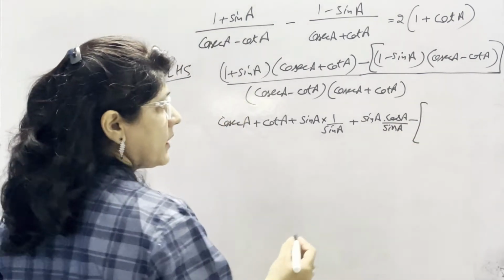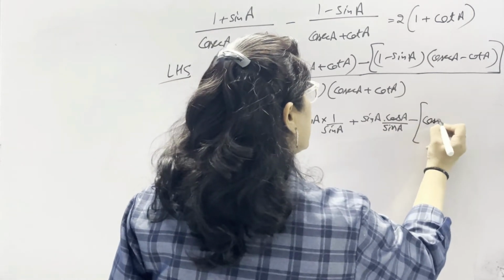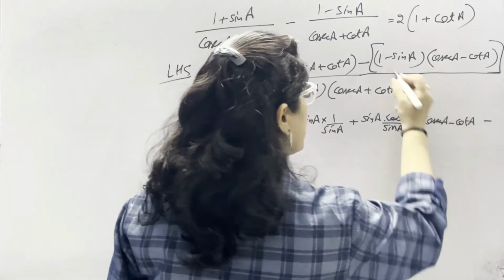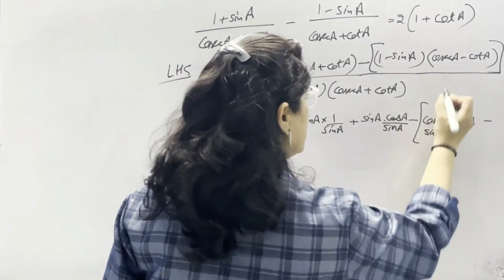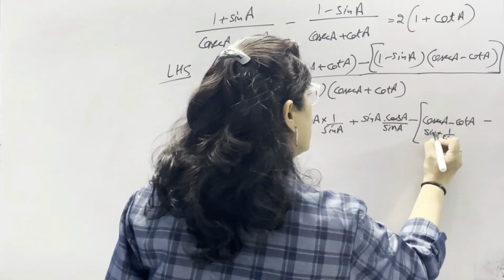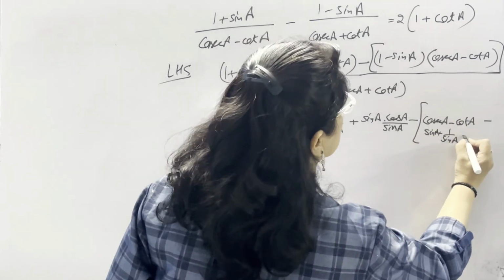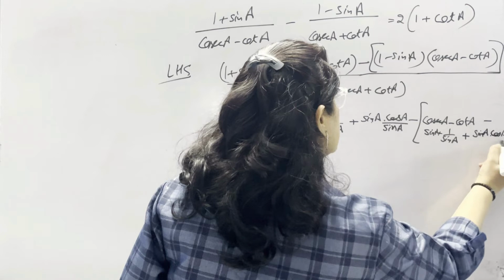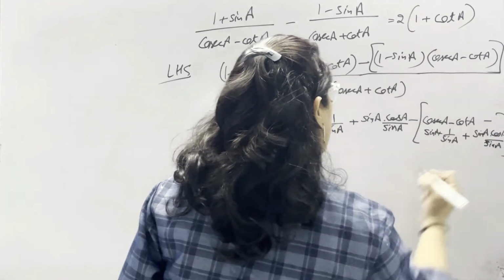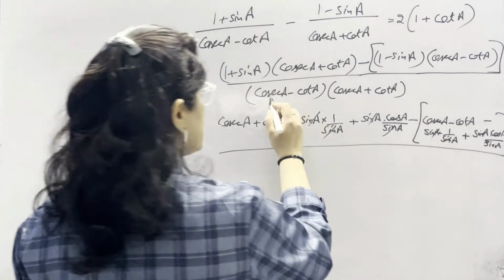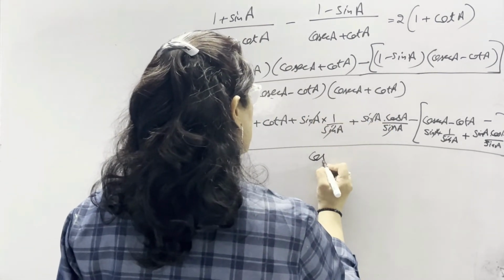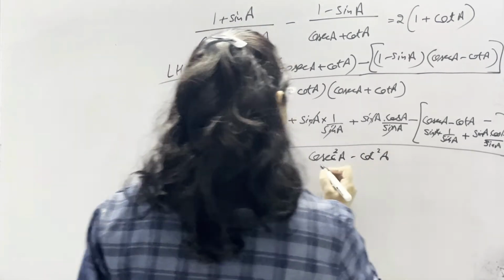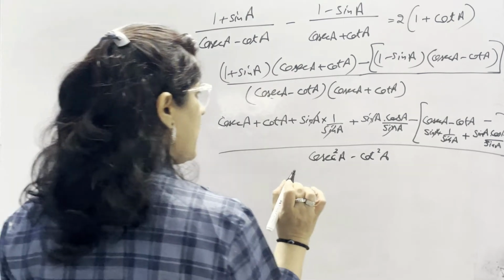Minus, in the second bracket with 1 we get the same term cosec a minus cot a, and then minus sin a times cosec a, which means 1 upon sin a again, and then minus minus plus sin a times cot a, which is cos a upon sin a, bracket close. In the denominator, this is (a minus b)(a plus b), which means a square minus b square, and we have recently used this identity, it is equal to 1. So in the denominator we are left with only 1.